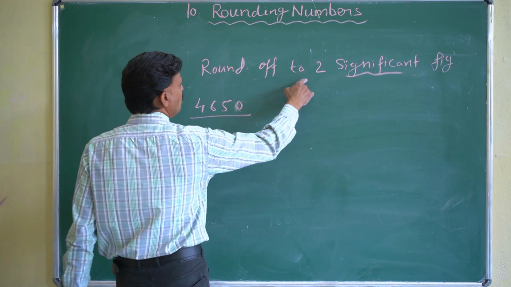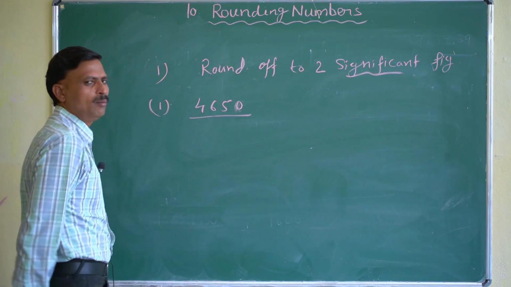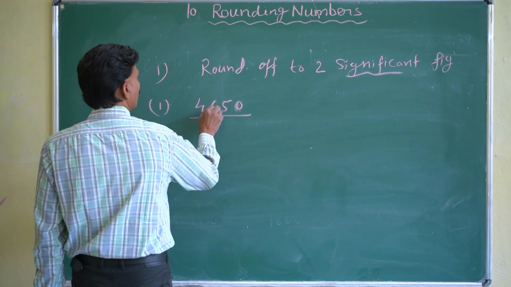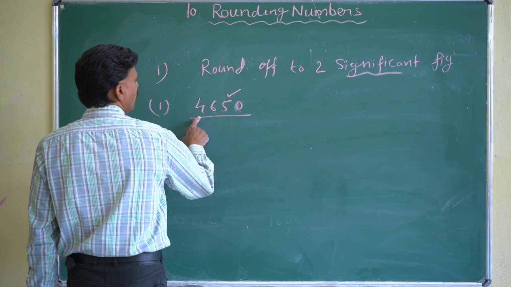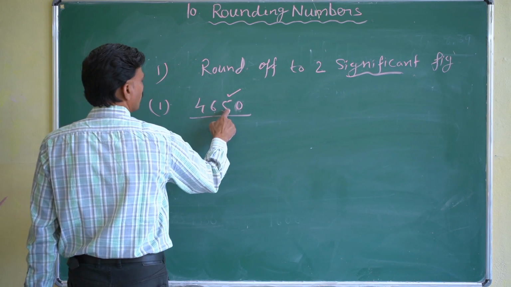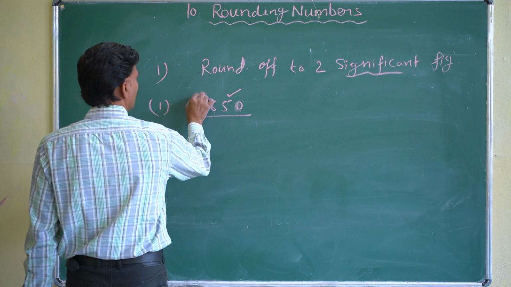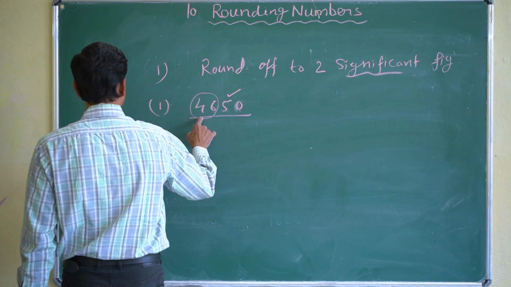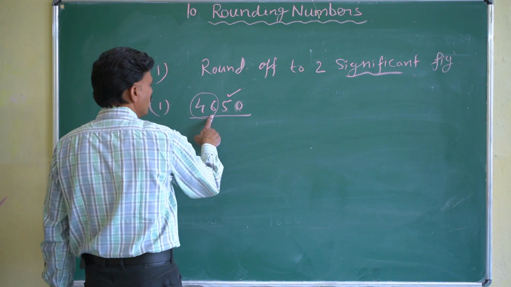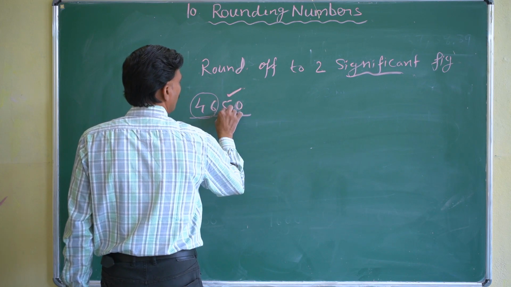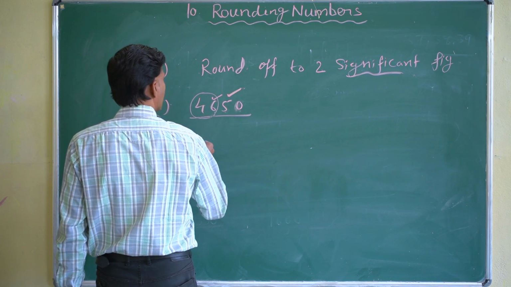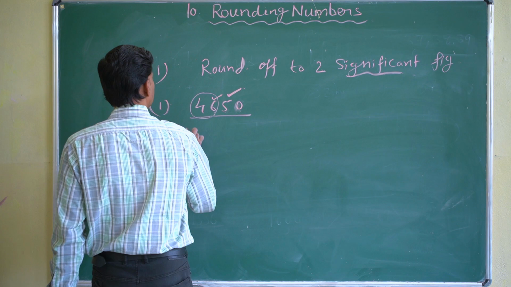So only two digits will be there, other digits become 0. Since it is 465, we'll look at this digit. Because two significant figures, we'll take 46, but this next one is 5, so this 6 will increase by 1.